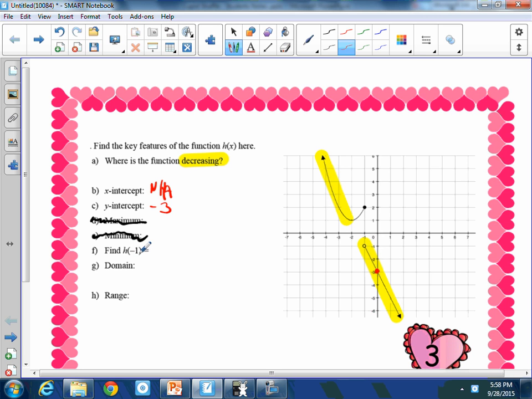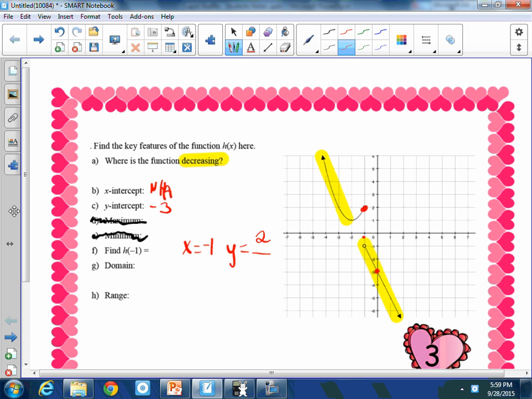Okay, find h of -1. So that means when x equals -1, what is y? -1 is right here. y would be +2. Okay, domain. Domain is the elements in x, your input, your first coordinate.